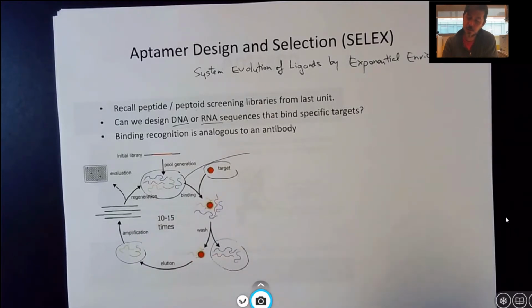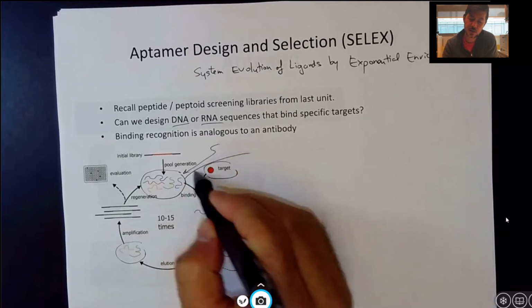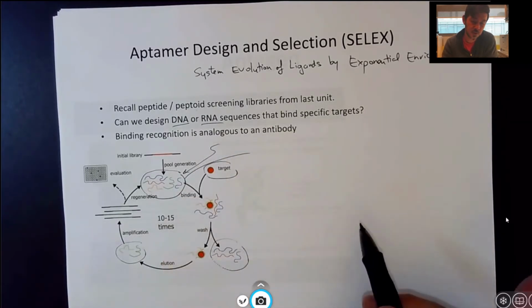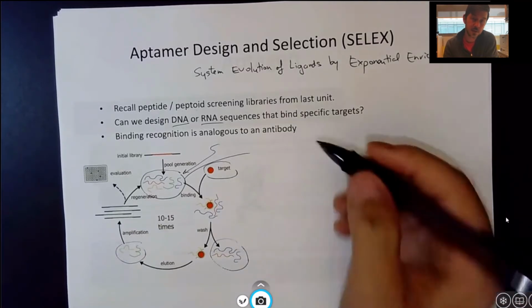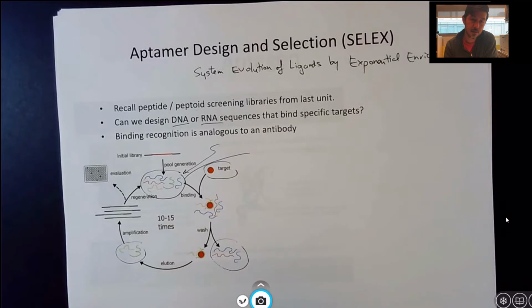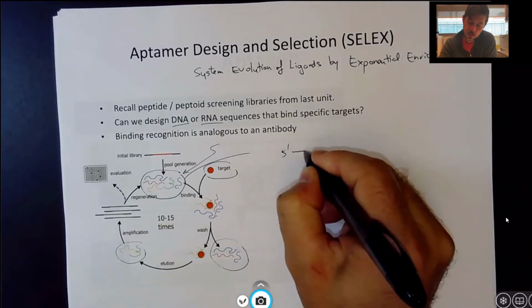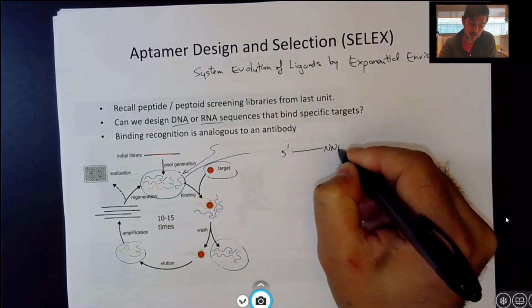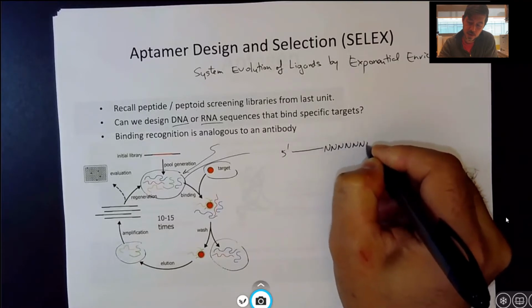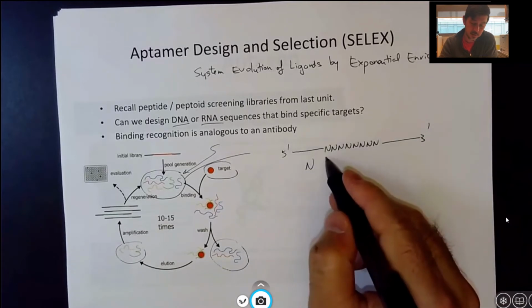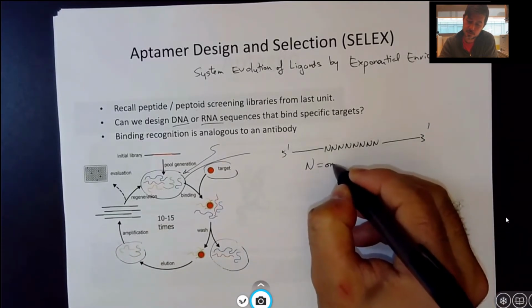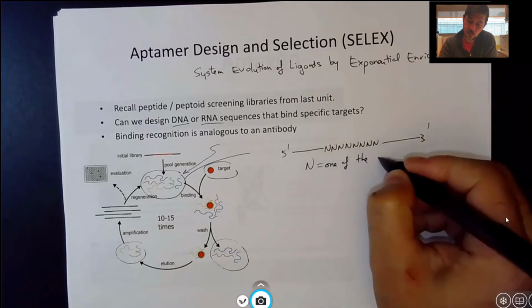So my question is, how do we initiate that first pool of libraries that can bind to the target? You could think, okay, we could make DNA or RNA individually and then mix them together. That could be very tedious though. So instead, researchers can say, okay, we have 4 different bases, and N here is going to be equal to 1 of the 4 bases.